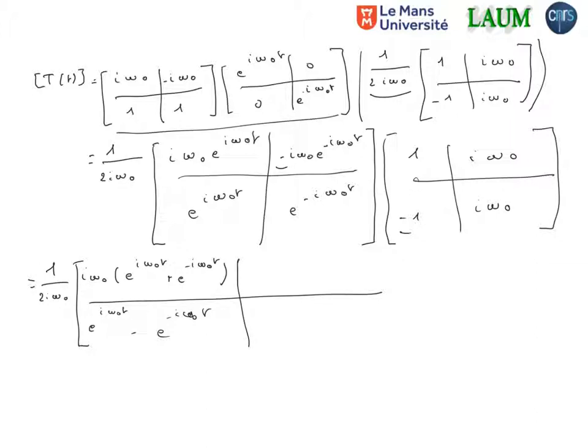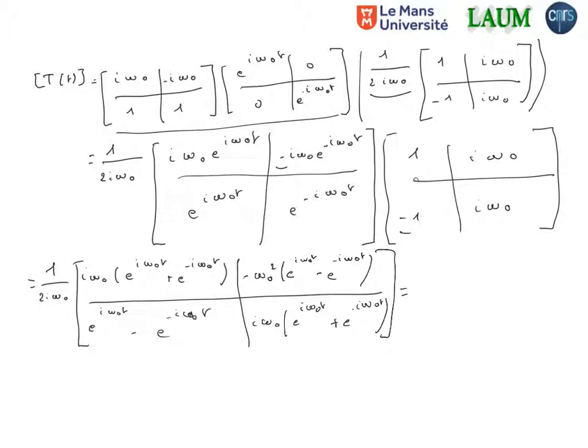For the 1, 2 coefficient, this is minus omega 0 squared times e to the i omega 0 t minus e to the minus i omega 0 t. And here we have i omega 0 times e to the i omega 0 t plus e to the minus i omega 0 t.